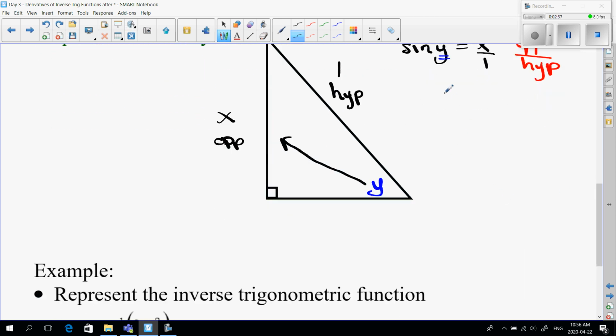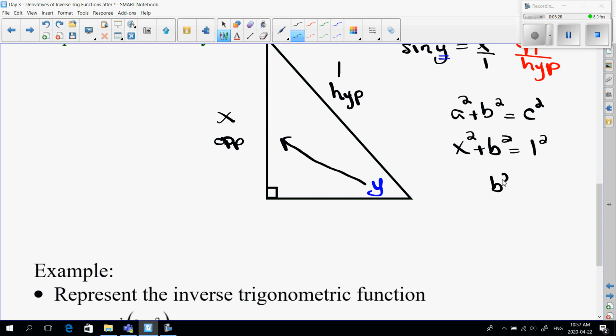With a little work, I can figure out what the base of the triangle would equal. Just simply use Pythagorean theorem. A squared plus b squared equals c squared. So in this case, x squared plus, we'll call it b squared, equals 1 squared.